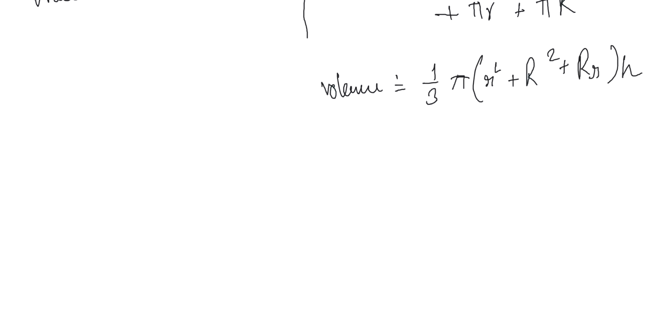In that case the small r will be its median as well as its angle bisector as well as its height, and each of the bisected angles will be 180 by n, where n is the number of sides, and the sides of the isosceles triangle will be capital R.